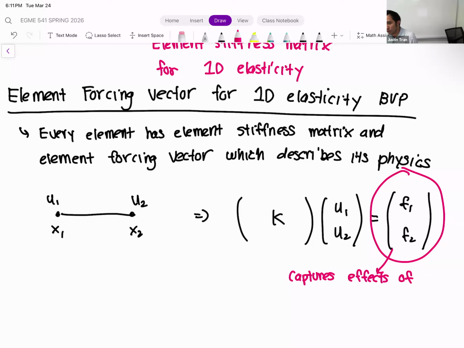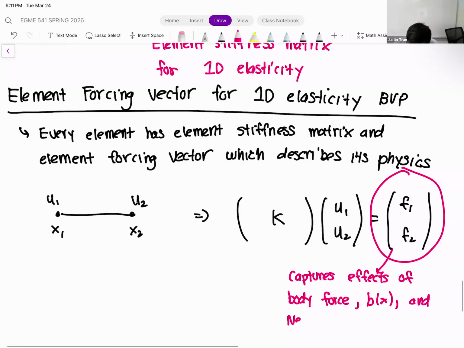In particular, we're looking at the effects from the body forcing term, which for our case is b of x, and capture any effect from the Neumann boundary condition T bar.